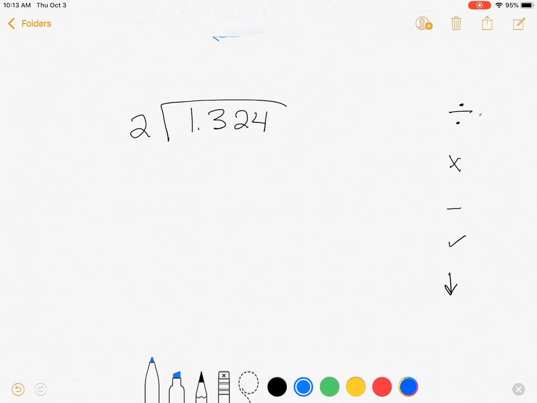Can we divide here? Can 2 go into 1? No. So what am I going to put? 0. So now we're looking at 13. How many times can 2 go into 13? 6. So multiply. 6 times 2 is? Subtract. Bring it down.